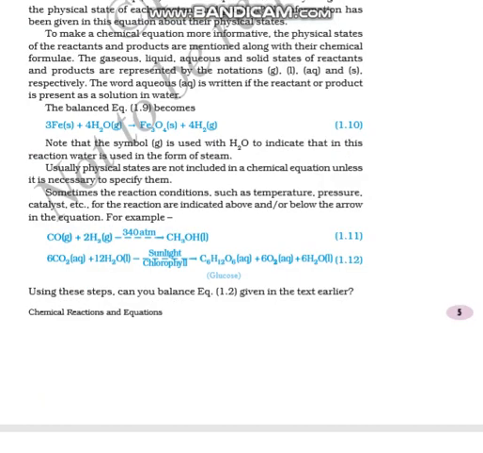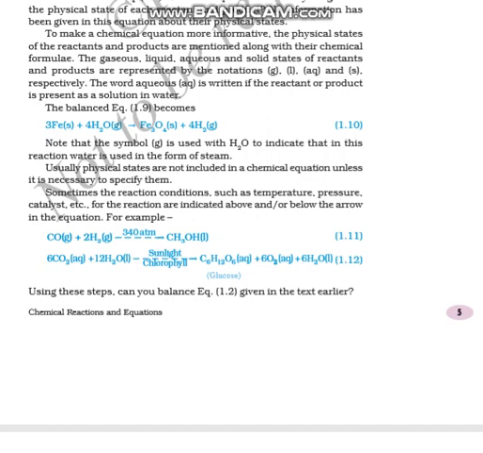Sometimes the chemical reaction undergoing will have some particular conditions with it. That means the reaction will take place at high temperature, in the presence of pressure, or in the presence of a catalyst. So these things we have to indicate in the equation.